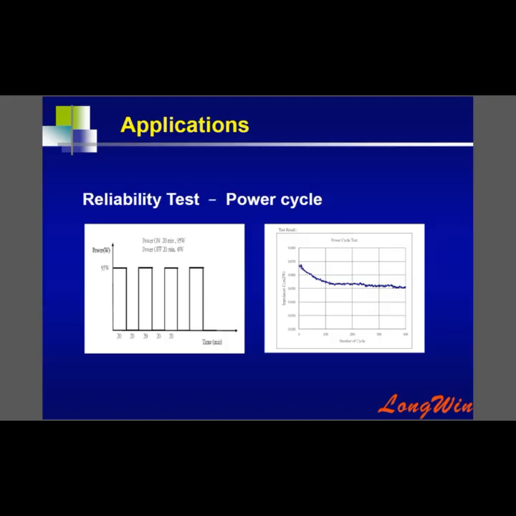So we can input the high temperature and the low temperature and measure its thermal impedance over time. And in the end, we'll know under the long term how the thermal grease will perform and its variation of thermal impedance.